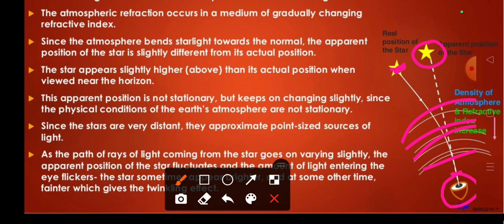For example, when I explained the light chapter in Kannada medium, I told you that you cannot shoot with a gun the fish present in a water pond. Why? Because the place where we see the fish, the fish is not present there. Because our vision is passing from a rarer medium to a denser medium, the fish appears higher or lower than the position where the fish actually is.